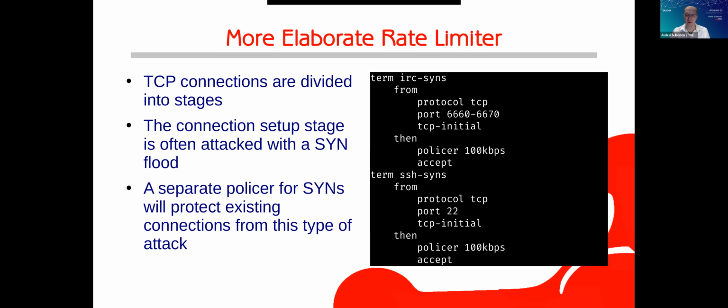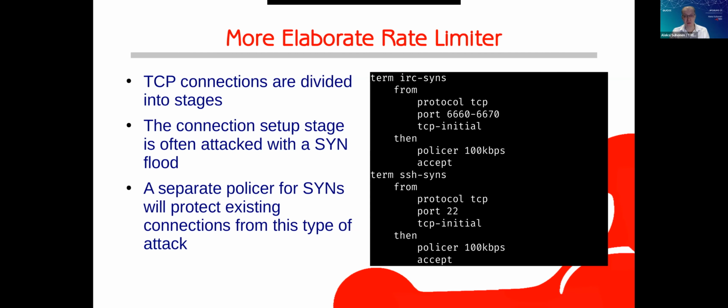So one step to make the servers more resilient to DDoS attacks was to separate the SYN packet, the TCP connection setup packet, with its own policer or rate limiter, and then the rest of the connections have their own policer.